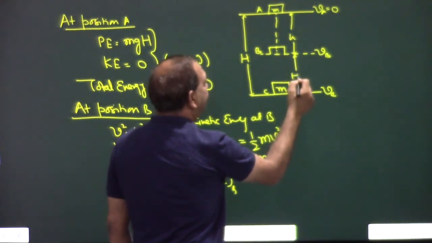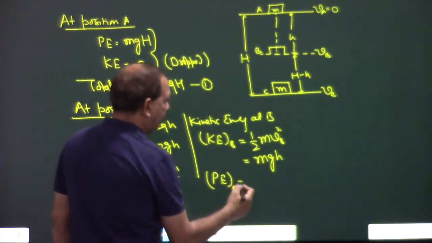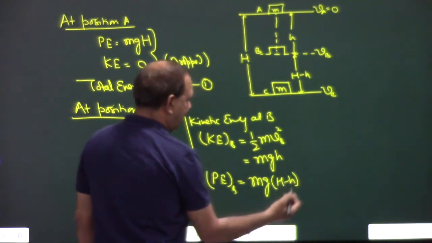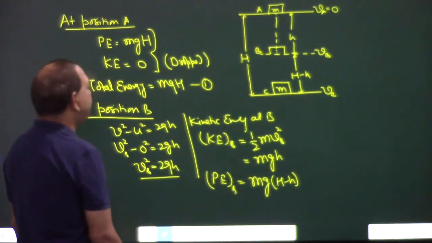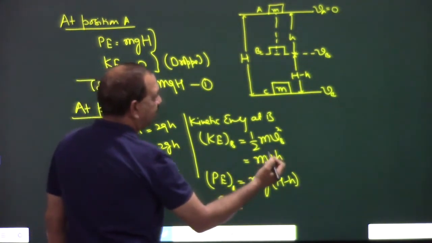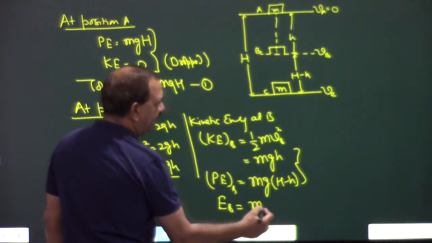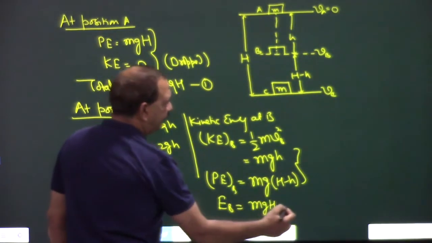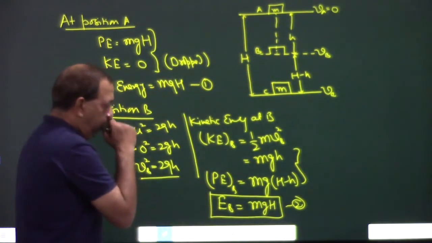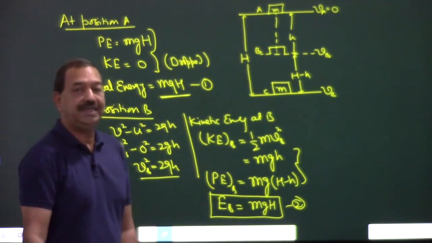Height of the object is H minus h, so this is mg(H minus h). Total energy at B is the sum of these two, which is mgH. That is equation 2. So the energy at A and energy at B are the same.